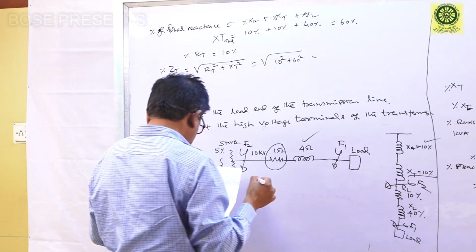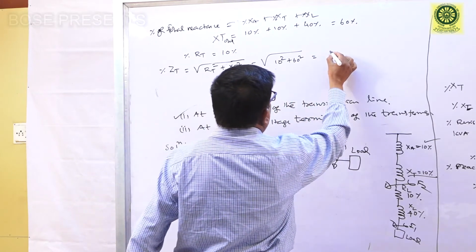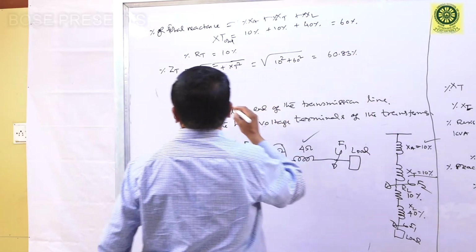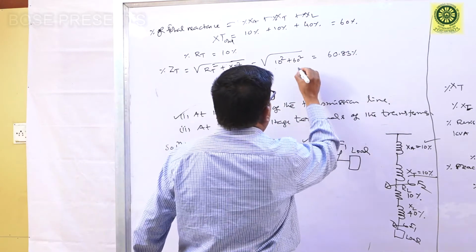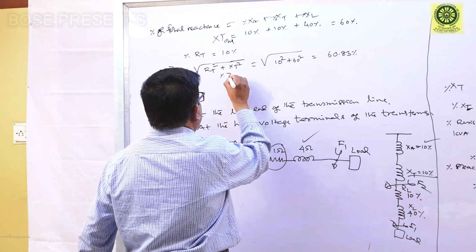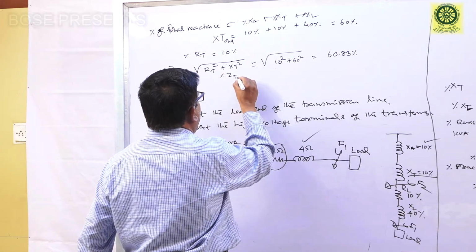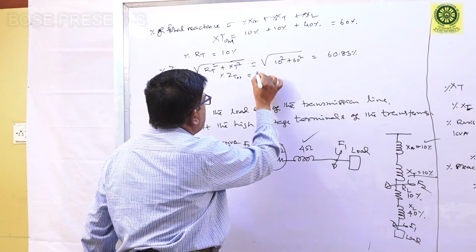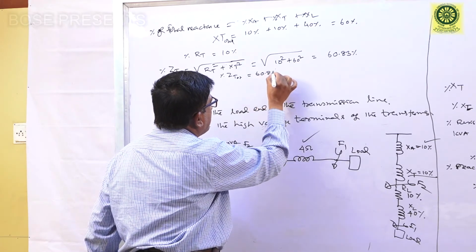What is the value? Now value is 60.83%. So percentage of total impedance, don't be confused, this is total impedance, is equal to 60.83.